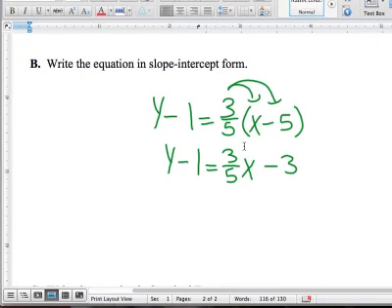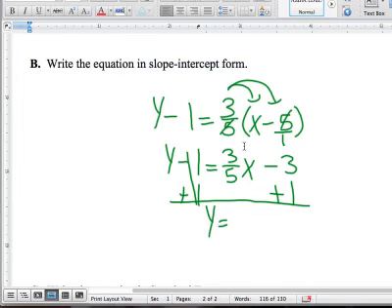The way to look at it is if you put the 5 over 1, you've got a 5 in the denominator and a 5 in the numerator, and they cancel. So you get -3. Now we can get y by itself by adding 1 to both sides. That cancels, we get y equals 3/5 x, -3 plus 1, we get -2. So now we have that equation in slope-intercept form.